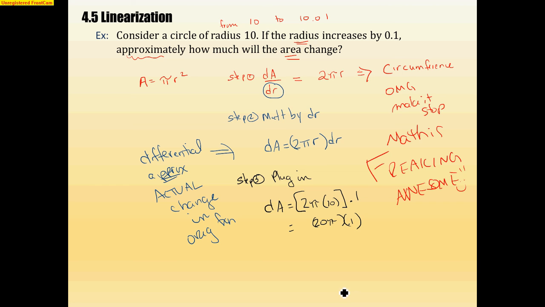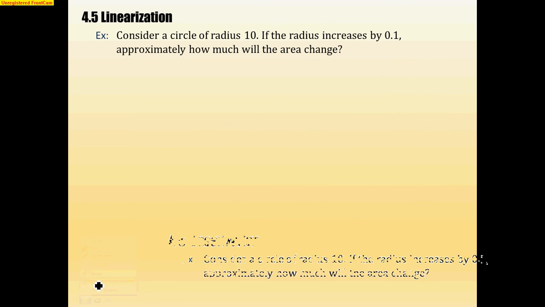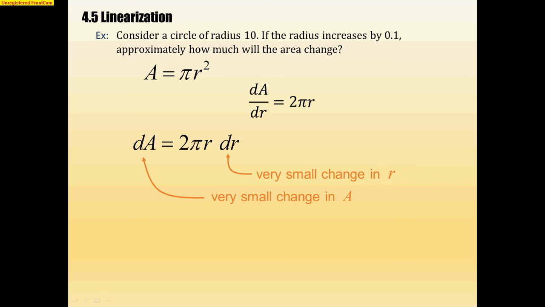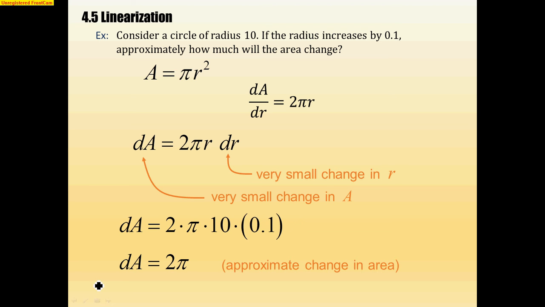Very small change in the area, very small change in the radius, and I get 2 pi, so 6.28-ish, is the approximate change in the area of a circle with radius 10 if you change the radius by 0.1. Hopefully you can imagine how this would work in engineering.